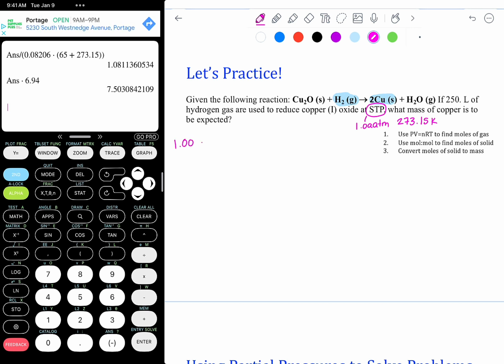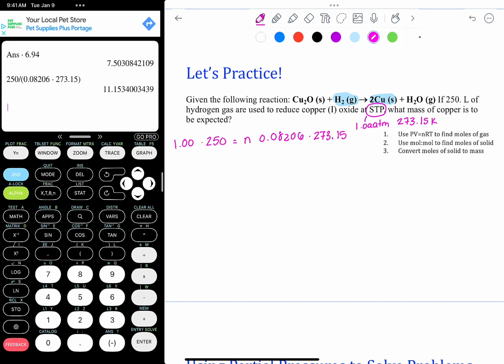The volume is 250, which is equal to n, which we're solving for, times R, 0.08206, times the temperature, 273.15. So we solve for n. We're going to do 250 divided by 0.08206 times 273.15. So we get the number of moles to be 11.1534 moles of hydrogen gas.